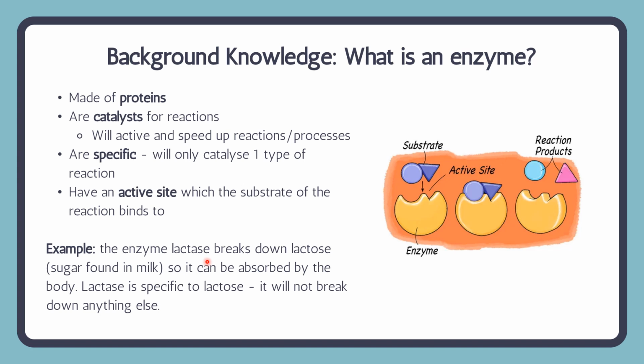Usually enzymes end in the three letters ASE. So the enzyme lactase breaks down lactose, a sugar found in milk, so it can be absorbed by the body. So lactase is specific to lactose, that specific sugar, and it won't break down anything else. So if you're like me and you have lactose intolerance, your body is not producing this enzyme lactase, and therefore you can't break down this sugar called lactose.